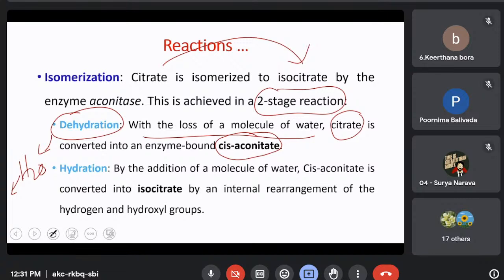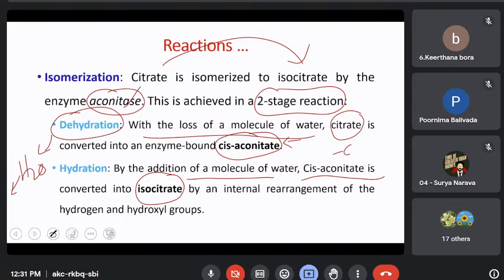Okay, and this cis-aconitate is still attached to aconitase. So what does this enzyme do now? This enzyme now adds a water molecule to cis-aconitate, so that cis-aconitate is converted into isocitrate. So this is nothing but just an internal arrangement of the hydroxyl groups.